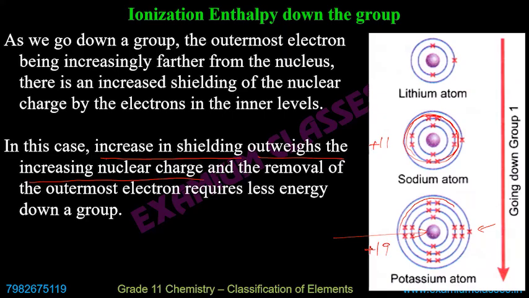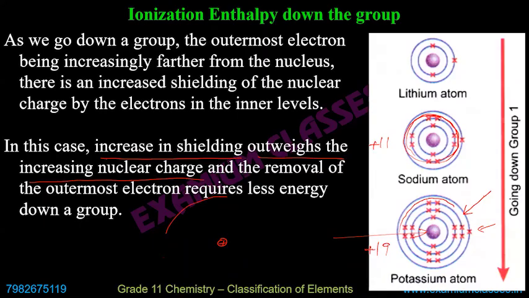But the first logic we need to remember is the addition of a shell itself. One whole shell gets added. So that's why huge difference in size. Second, now there are much more electrons present inside which provide significant shielding.